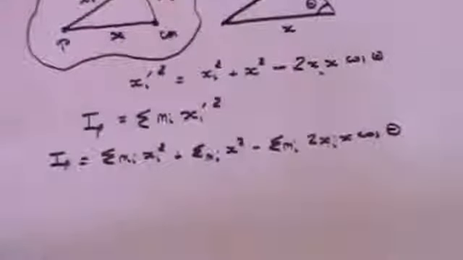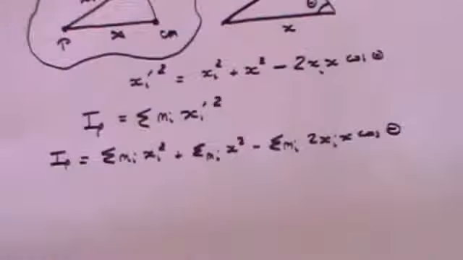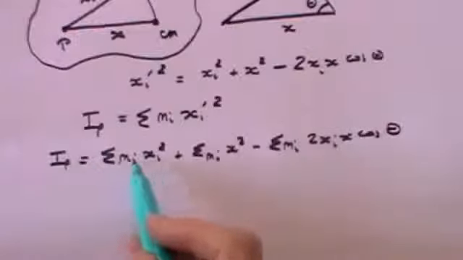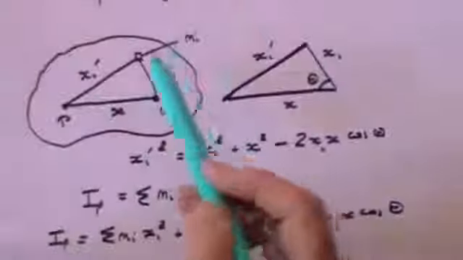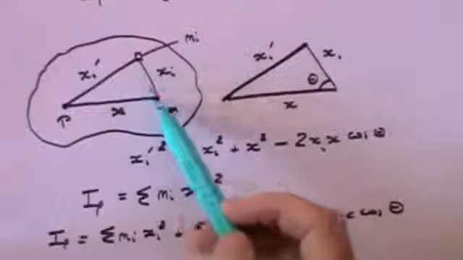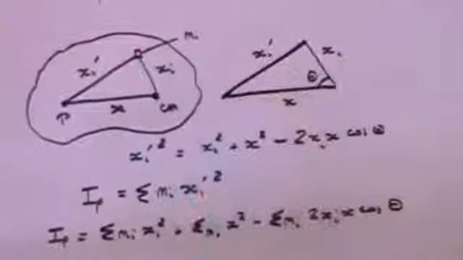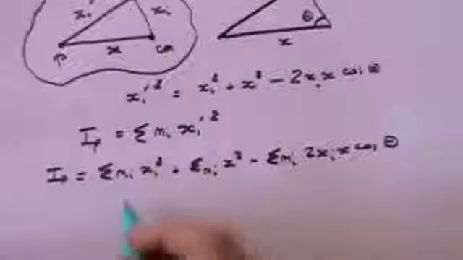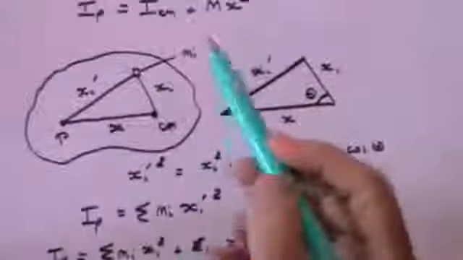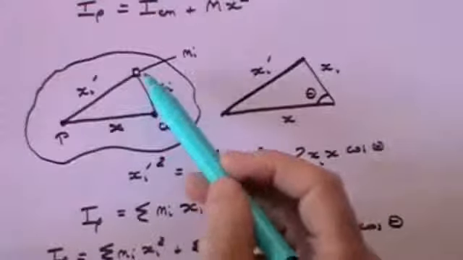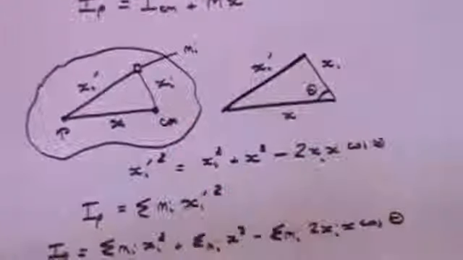Well, let's have a look and see what we got. Sigma mi xi squared, xi is this distance here. That is just the moment of inertia about the centre of mass, because we're talking about an element being a distance xi from the centre of mass.